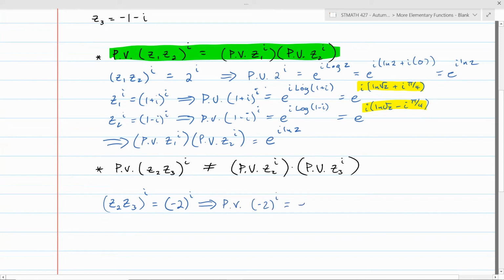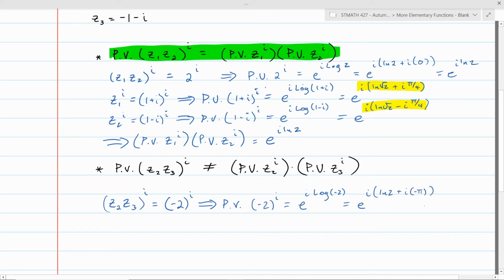Then you're going to get e to the i. This time you're going to do a principal logarithm of negative 2, and the angle for negative 2 is pi when you take the principal argument of it. So you end up with i, and then you still have natural log of 2, because the modulus is 2. So i times natural log of 2 plus i times pi is your angle.